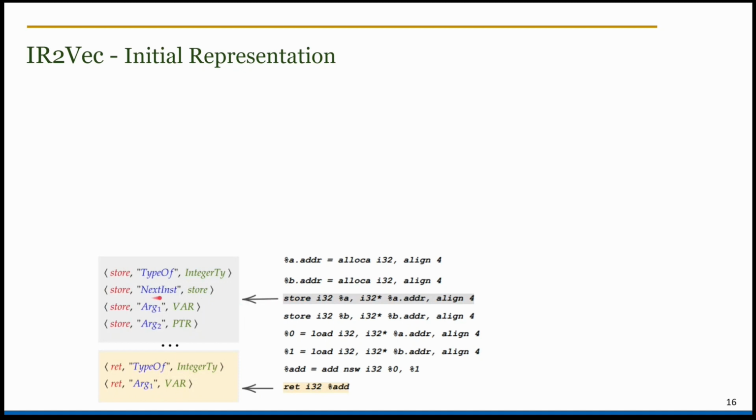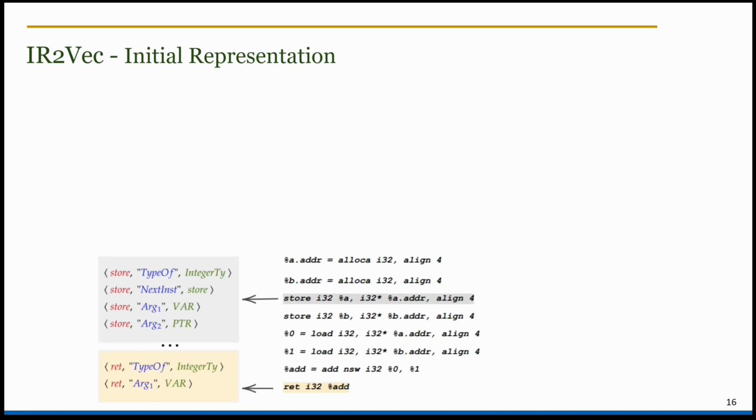The second is the next-instruction relation that tries to relate the opcode of the current instruction with the opcode of the next instruction. And finally, we have arguments as a relation that relates the opcode with n different arguments. All these arguments are abstracted out. That means all the variables are abstracted out as a single variable, all the pointers are abstracted as a pointer, and constants get a generic representation.